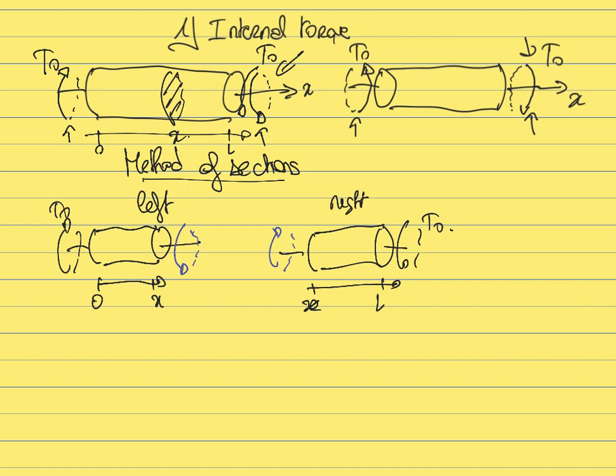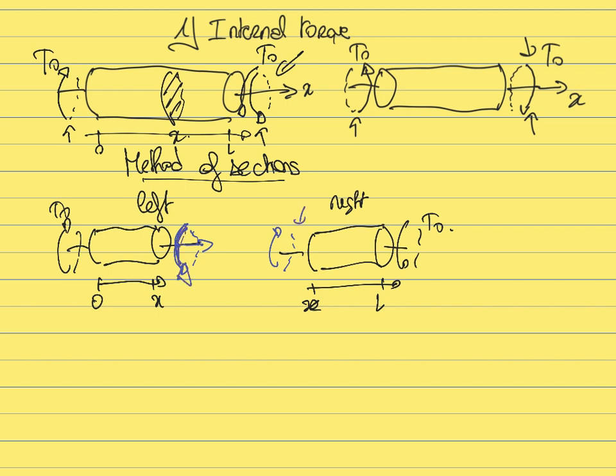You have your right thumb pointing towards the outside, and then the direction of the fingers gives you the direction of the internal torque. So if you isolate the left part, your right thumb would point towards the right, and in that case, the fingers give you the positive direction of the torque.